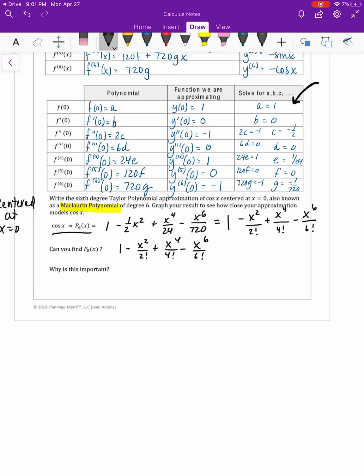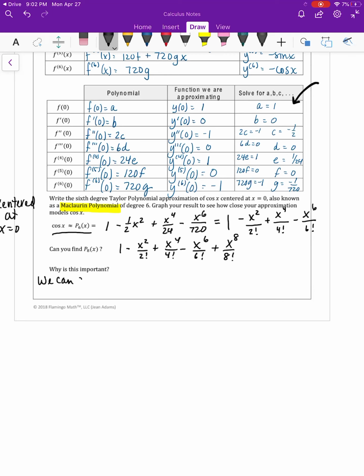You can see you're going every 2 and the power is equivalent to the factorial, and it's plus, minus, plus, minus. This one's going to be plus x to the 8th over 8 factorial. So there's your p sub 8 of x, your Taylor polynomial of degree 8 that is going to give you an approximation for cosine of x.